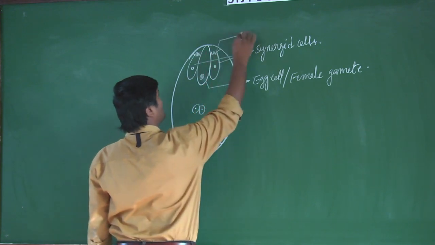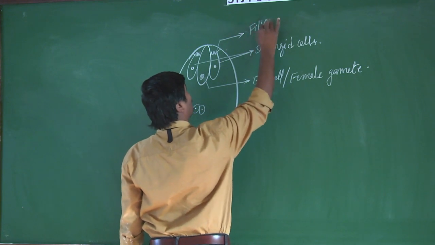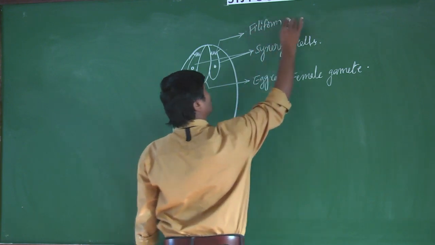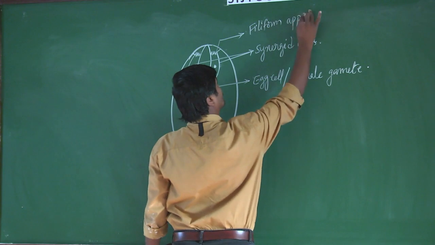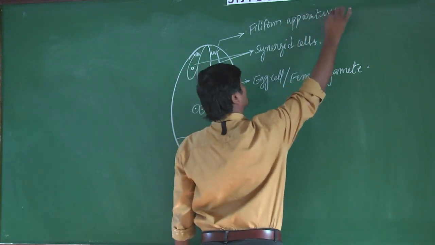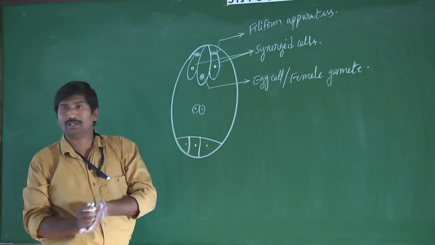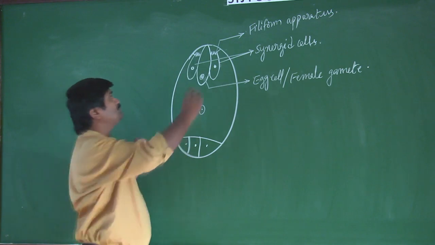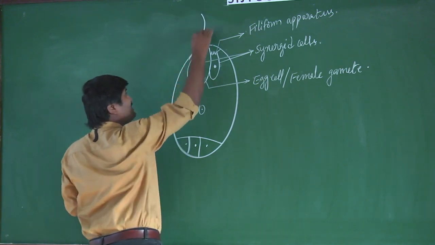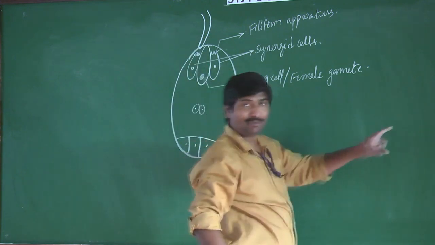These finger-like projections are known as the filiform apparatus.